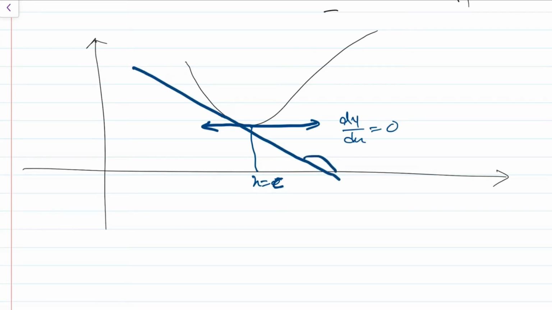It is making an obtuse angle with the positive x-axis, and at a point just after c, just greater than c, or we can say at c plus h, if you draw a tangent at this point on this graph, it will go like this. This angle is an acute angle.